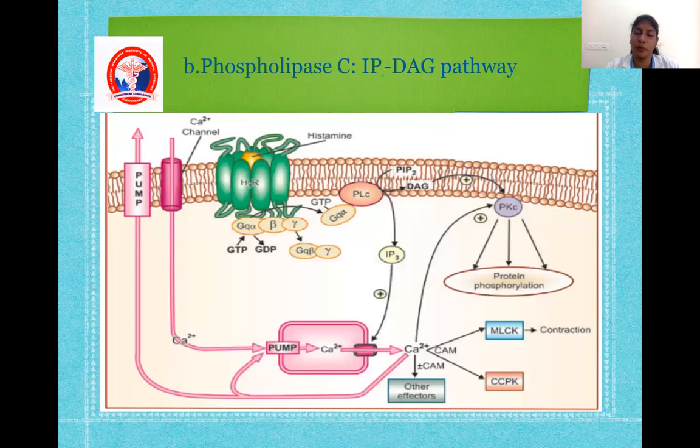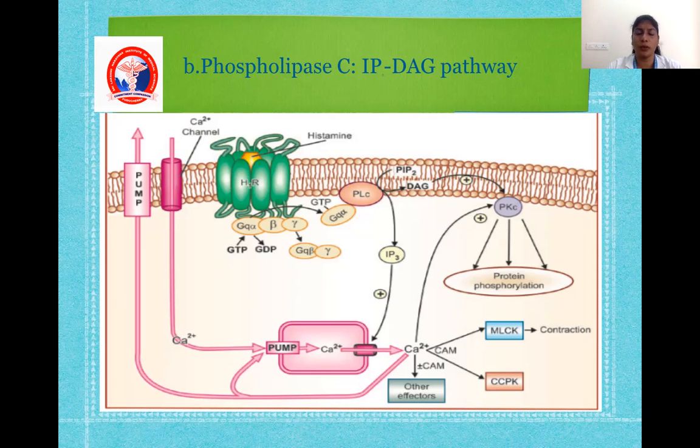Alpha and GTP will be dissociated from gamma and beta. And what happens when alpha and GTP goes? It goes and activates phospholipase C. So what does this activated phospholipase C do? It goes and cleaves phosphatidylinositol bisphosphate into DAG and IP3.